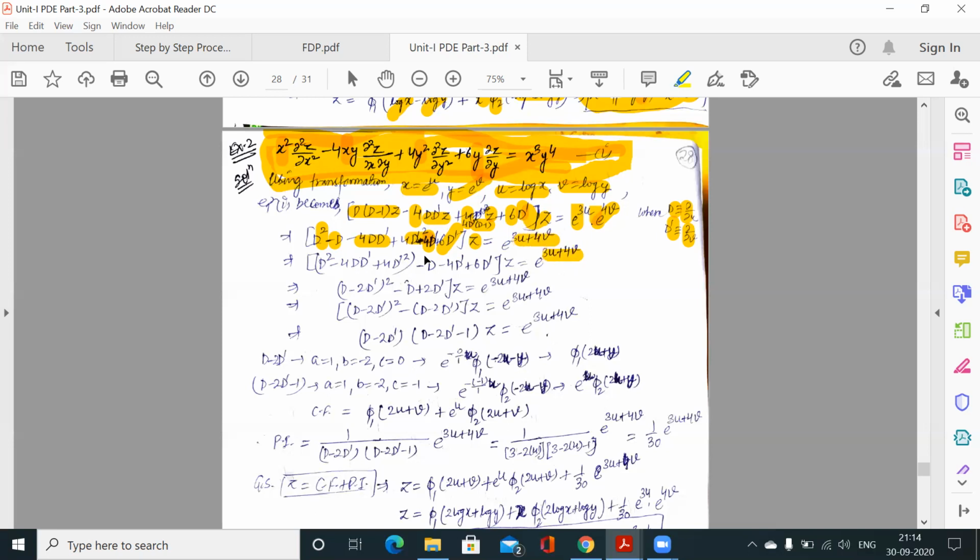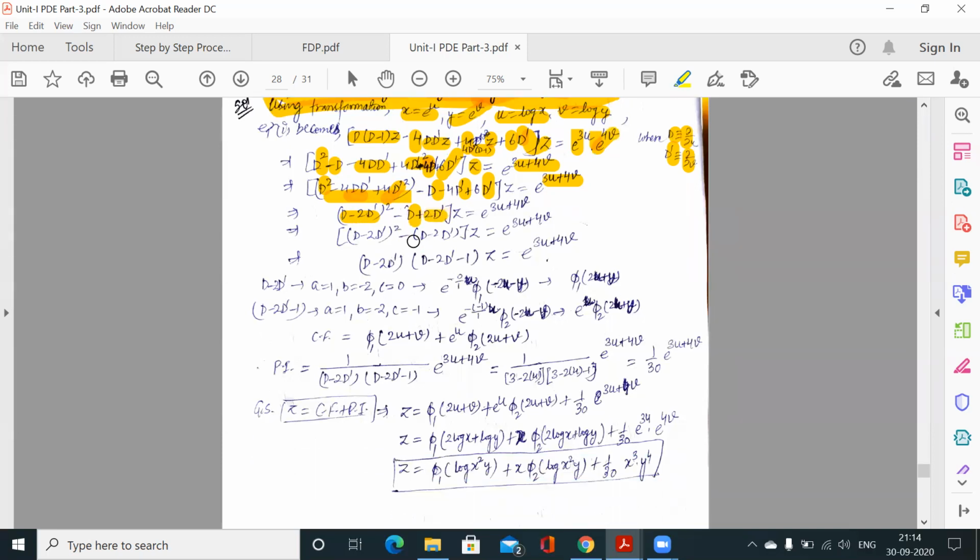Now simplifying this, I have taken D square, 4 D dash square on one side, and the rest of the terms are minus D minus 4 D dash plus 6 D dash. These three terms are equivalent to D minus 2 D dash whole square, and next, minus D, minus 4 D dash plus 6 D dash, so plus 2 D dash.